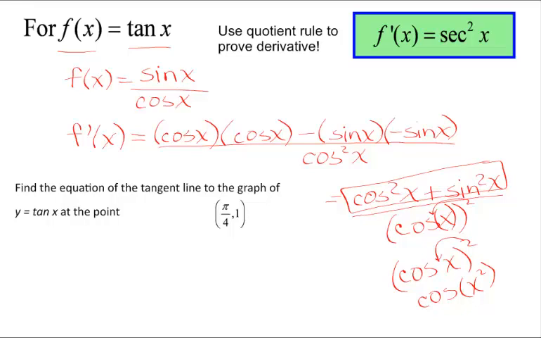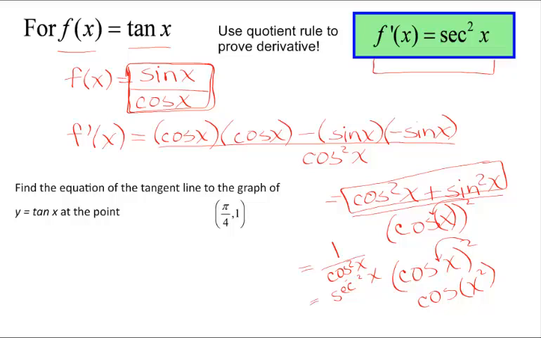Do you recognize that that equals 1? And 1 over cosine squared is indeed secant squared. The derivative of tangent of x is secant squared of x. And we've just used the quotient rule with the alternate definition of the tangent of x.